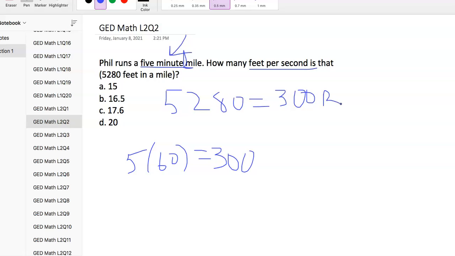And now we're able to find the feet per second. If I divide 5,280 by 300, we come up with 17.6 feet per second.